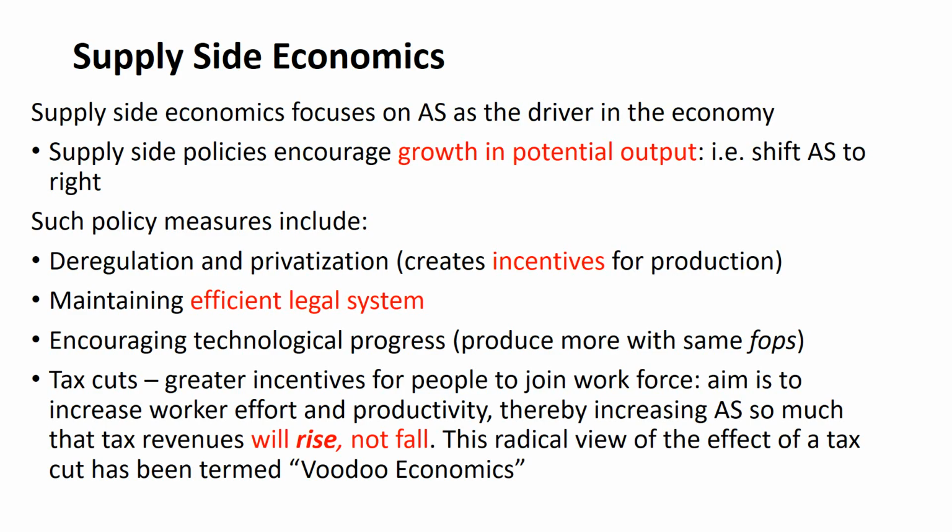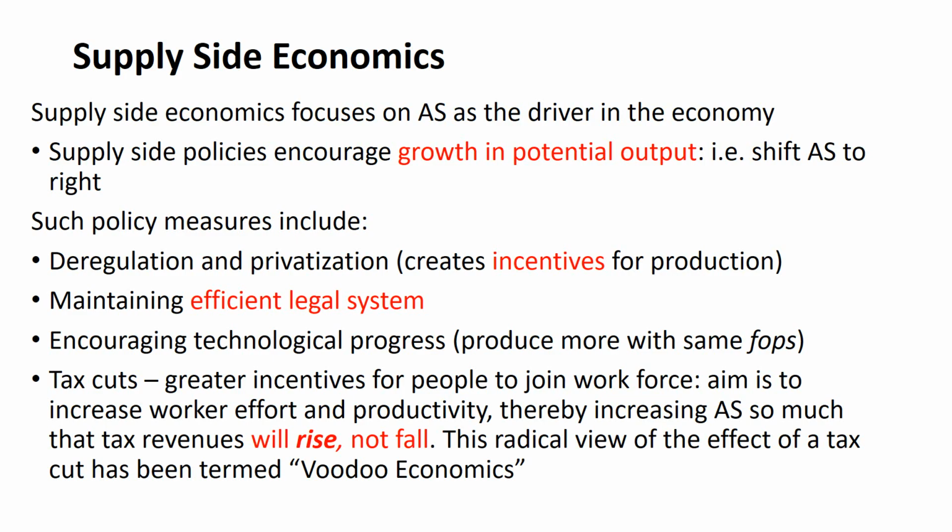And if they supplied their labor to the market, there would be more worker effort and productivity, and aggregate supply would increase. In addition, supply-side economists would argue that tax cuts will not affect tax revenues by that much.